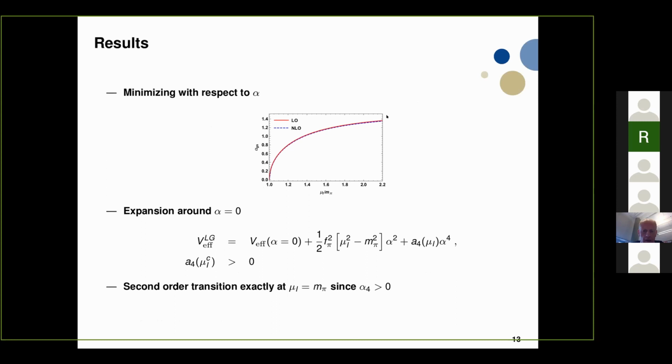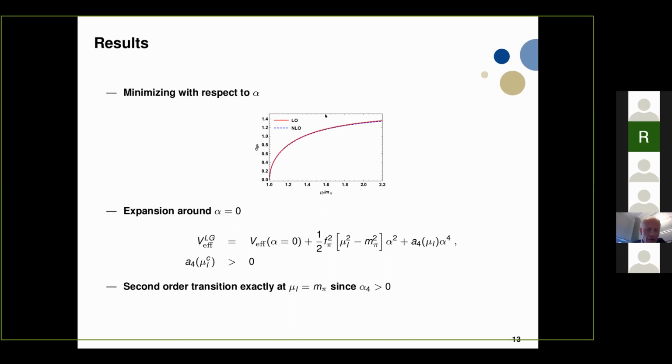Here I showed the leading order result, that's the tree level result, on top of the NLO result. And as you can see, these two curves are almost on top of each other. So that's not where the huge differences are going to be. The huge differences are in the correction to the effective potential itself.